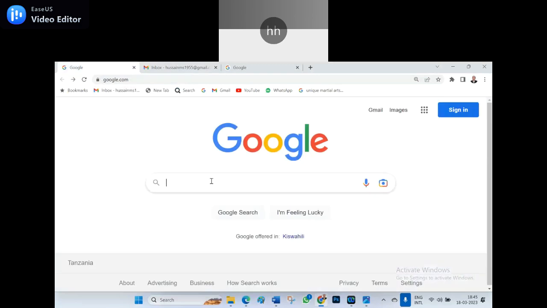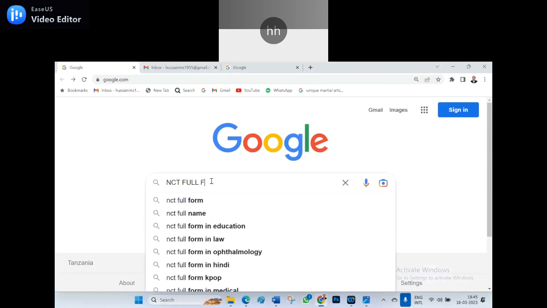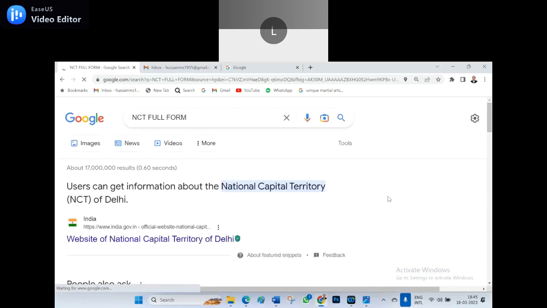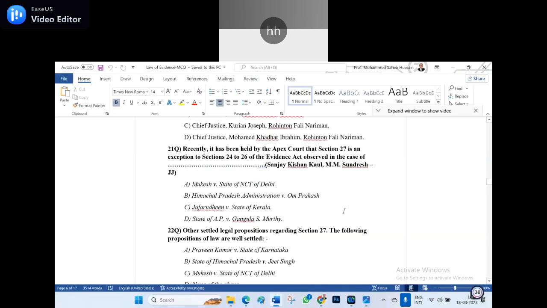See, I told you several times, but again I will show you the full form of NCT. National Capital Territory. National Capital Territory of Delhi, NCT. So that is the thing which I would like to say to you. And now the right answer, Mukesh versus State of NCT of Delhi, is the right option for the 21st question. Next, be ready.